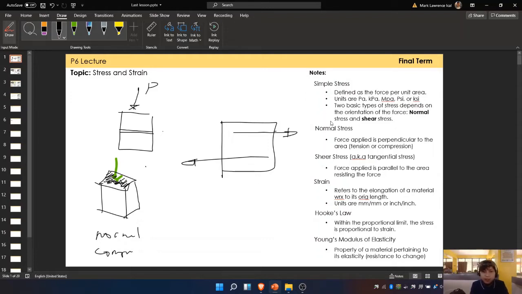Ito yung force. Kapag ito yung titingnan mo, yung actual na area na nakakadama sa force ay hindi ito. Kundi itong gilid. Kung ano yung area ng gilid, yun yung gagamitin na area. So, for example, okay, practice tayo.